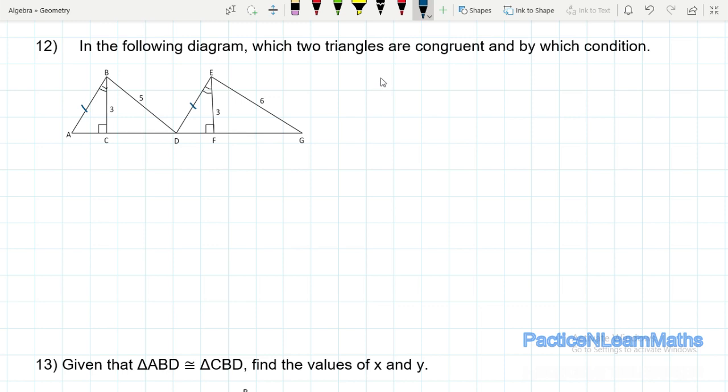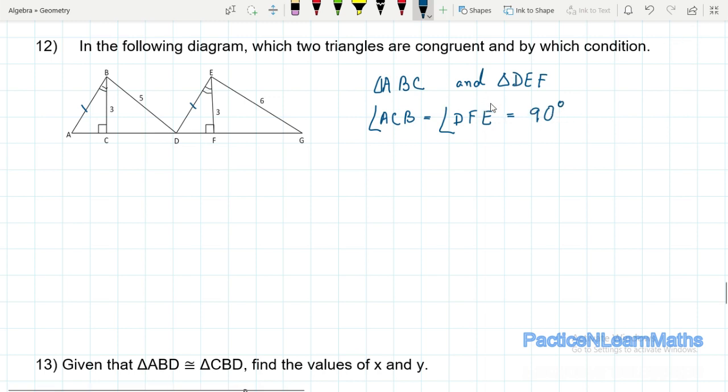So we take up the 2 small triangles first. Triangle ABC and triangle DEF. Since both the triangles are right angled, we can say angle ACB is equal to angle DFE is equal to 90 degrees.